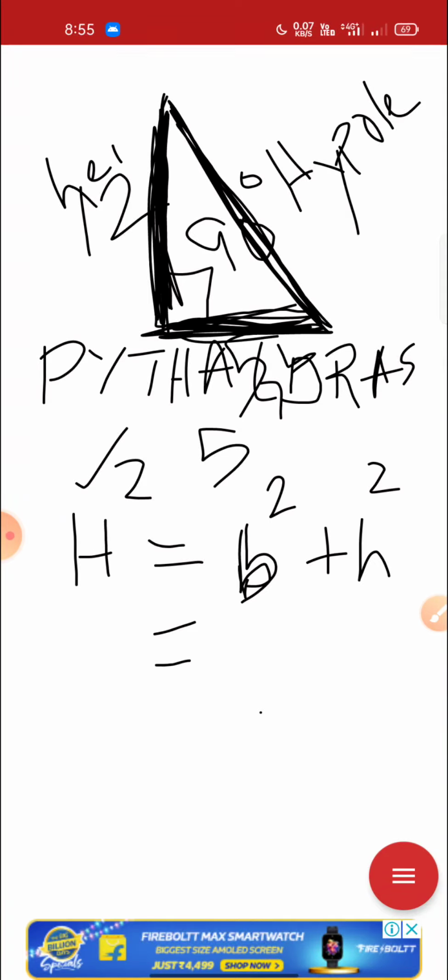The down part is called the base, B-A-S-E, height, H-E-I-G-H-T, hypotenuse, H-Y-P-O-T-E-N-U-S-E.